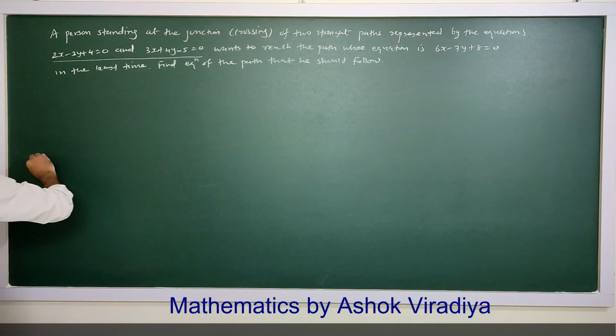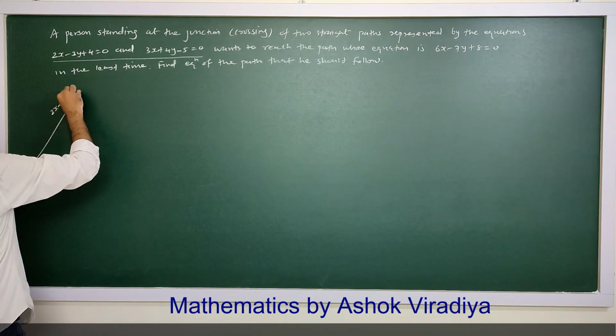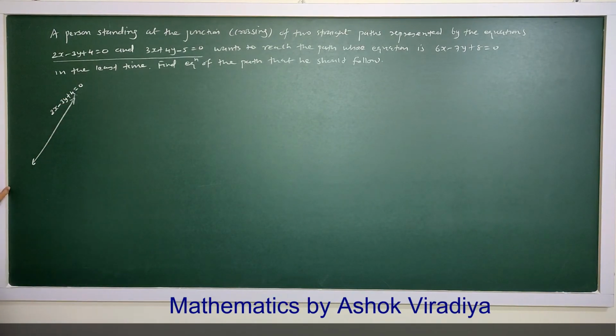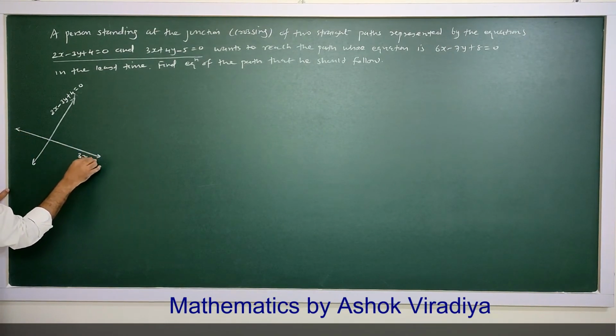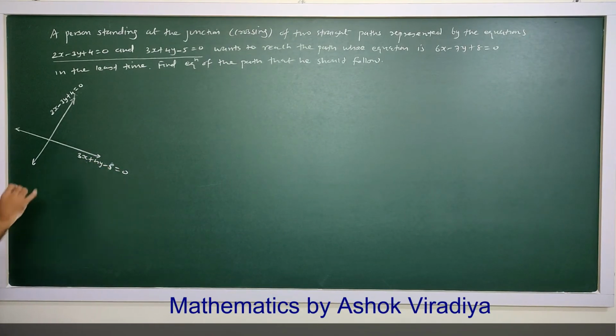Suppose equation of this path is 2x minus 3y plus 4 equal to 0. Equation of this path is 3x plus 4y minus 5 equal to 0, and man is standing at cross point. He is standing at the crossing or at the junction of these two paths.